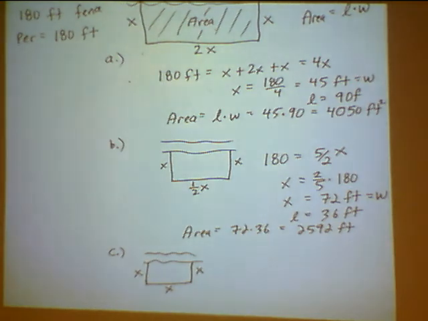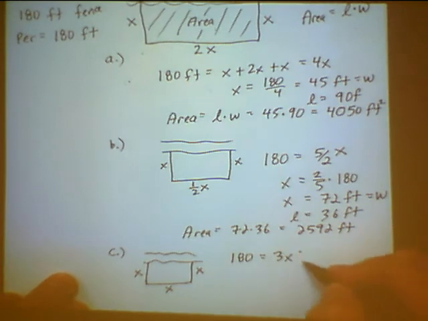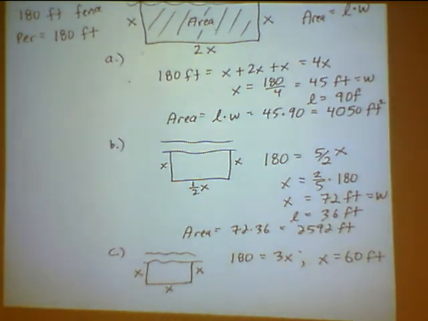It's going to actually be a square. So now we have our fence is 180 feet, and it has to equal 3x. Therefore, the length of both the width and the length is 60.